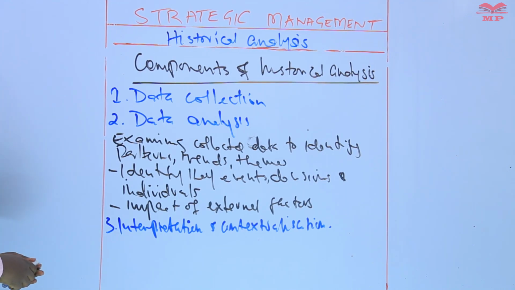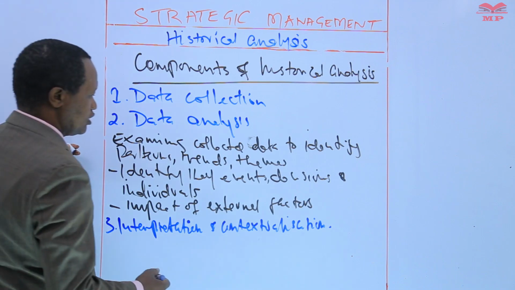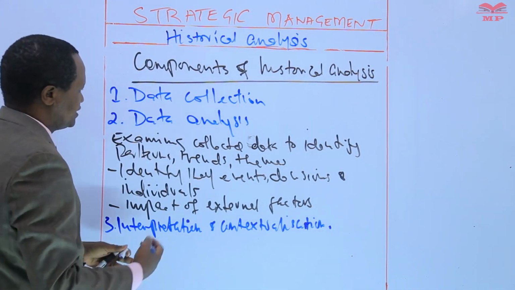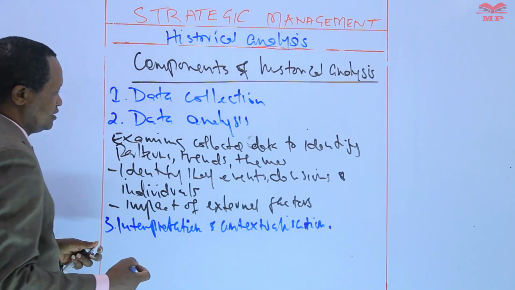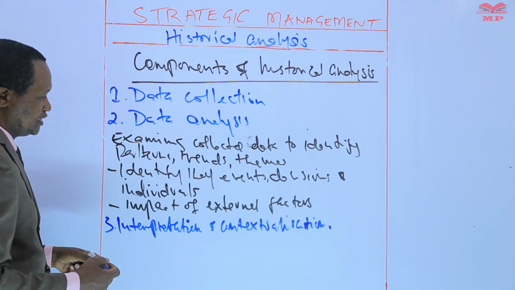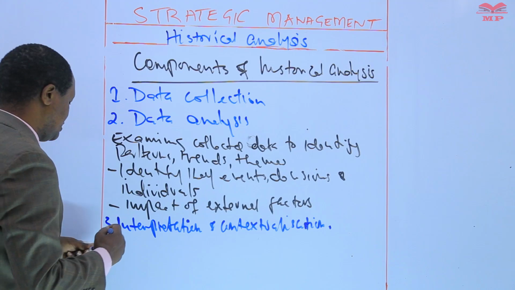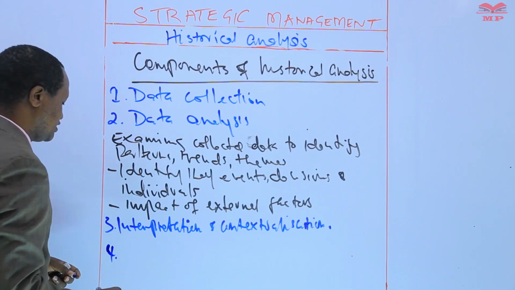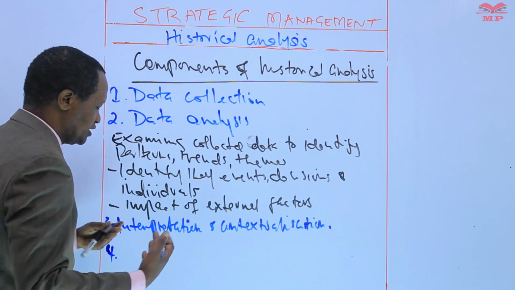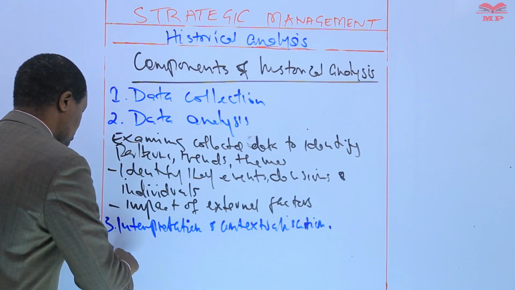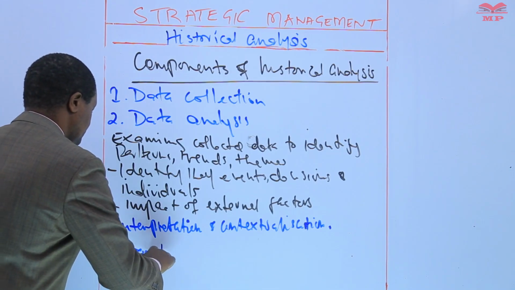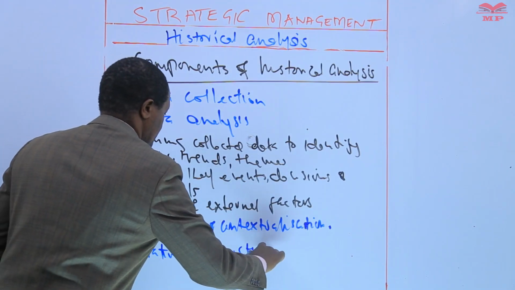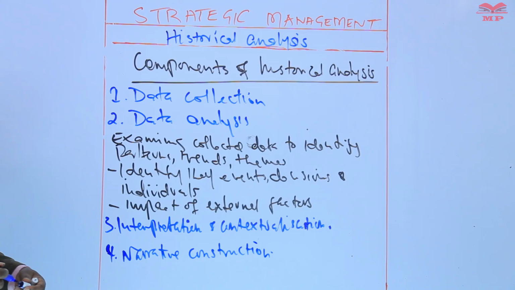Interpretation and contextualization. Now, after interpreting the data that was collected and analyzed, the fourth component of historical analysis is to construct a narrative, what we call narrative construction.